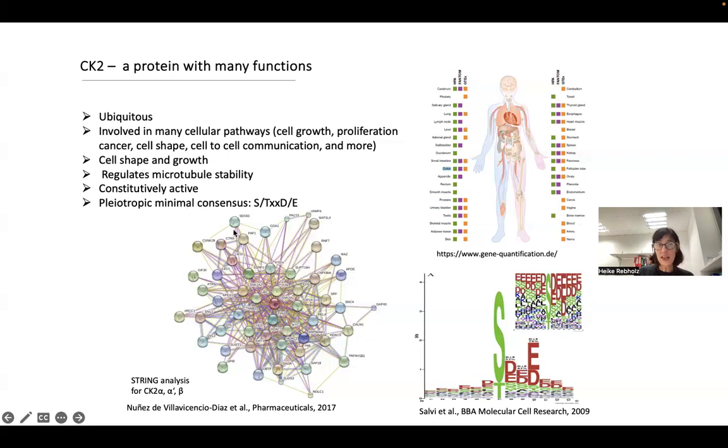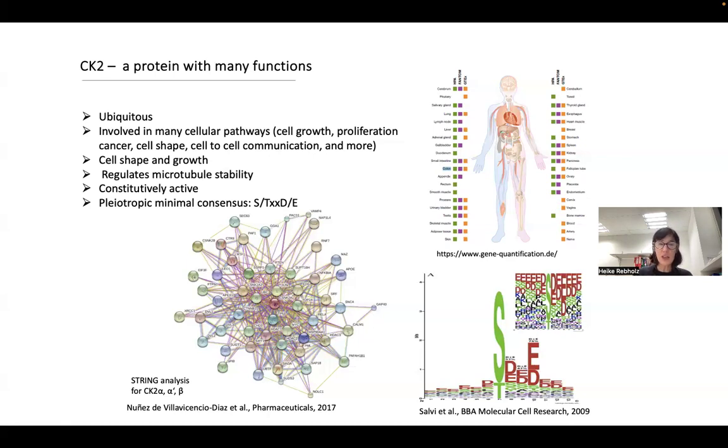And in addition, it has a lot of substrates. It's not a kinase that just phosphorylates a handful of substrates, but because the recognition motif for CK2 is not very stringent, we have a lot of proteins in the proteome of a cell that are potentially phosphorylated by CK2.